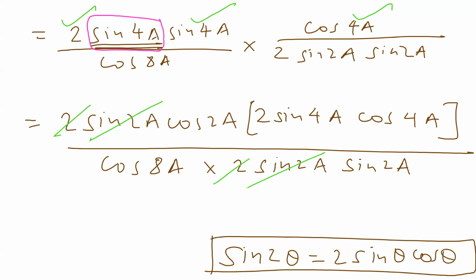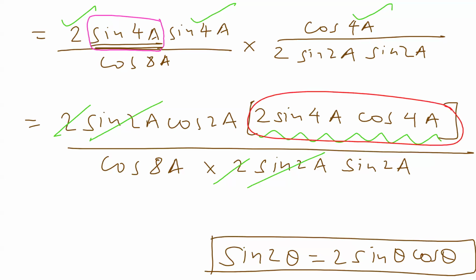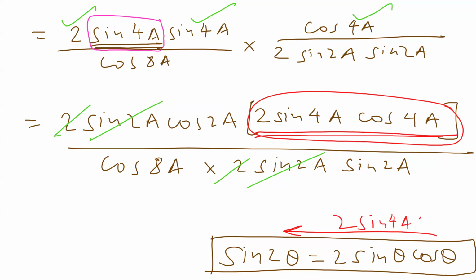Okay. Now observe this term over here, the one marked in red. Now here I'll apply the double angle formula in the reverse way. So 2 sine 4a cos 4a can be written as sine, from right to left, it is double angle.